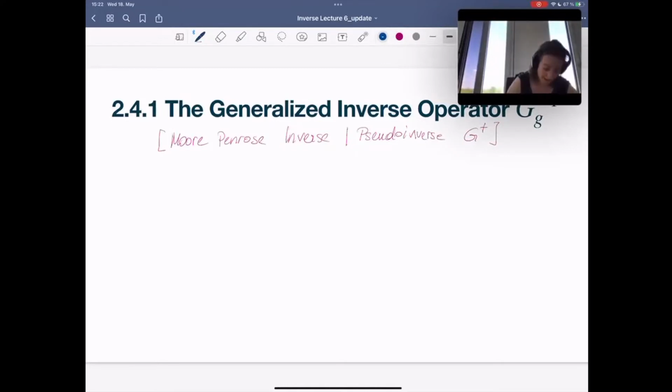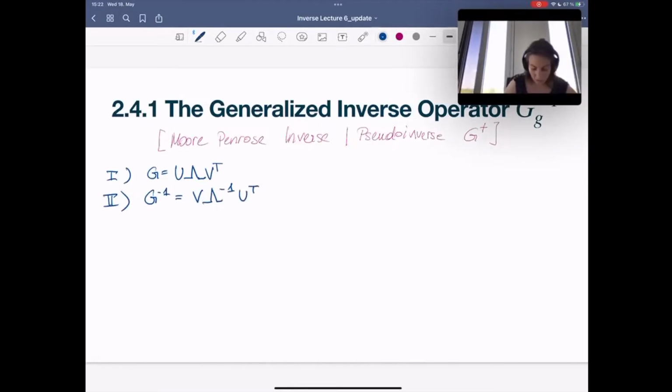So again, we have here the decomposition of G to U lambda V transpose, and we just showed the inverse of G equals V inverse of lambda U transpose, if the inverse exists.